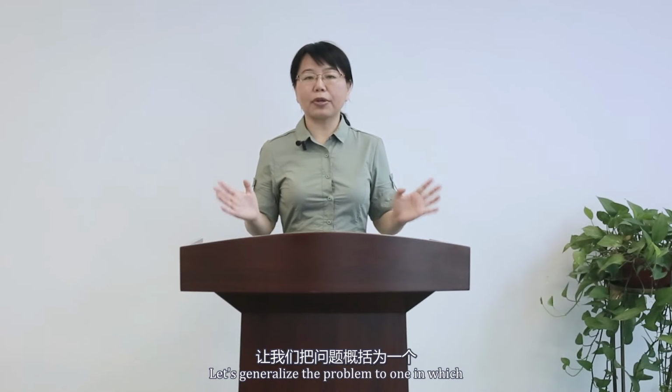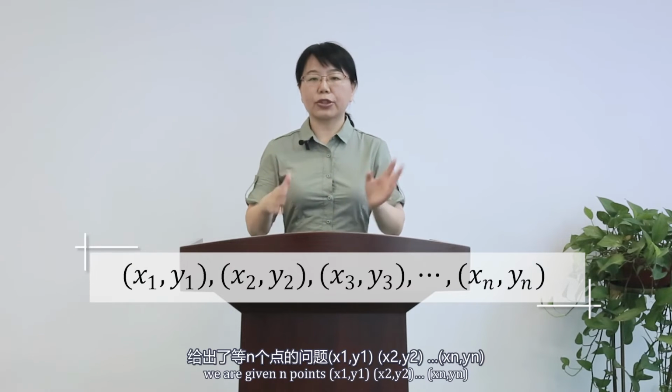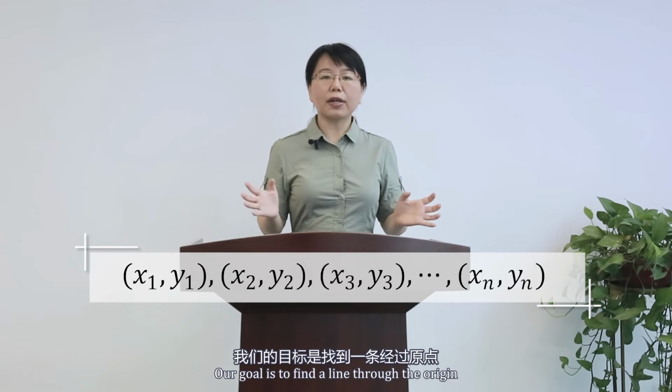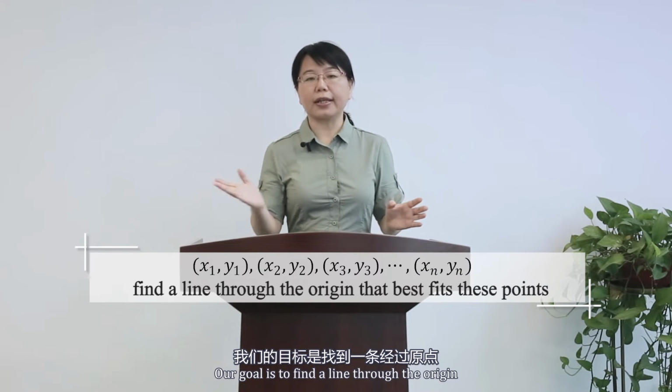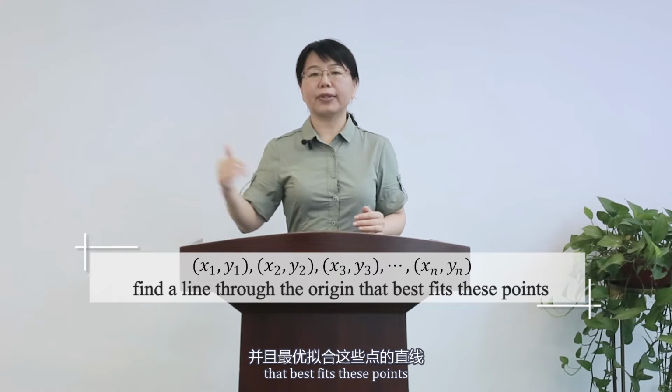Let's generalize the problem to one in which we are given n points: (x1, y1), (x2, y2), and (xn, yn). Our goal is to find a line through the origin that best fits these points.